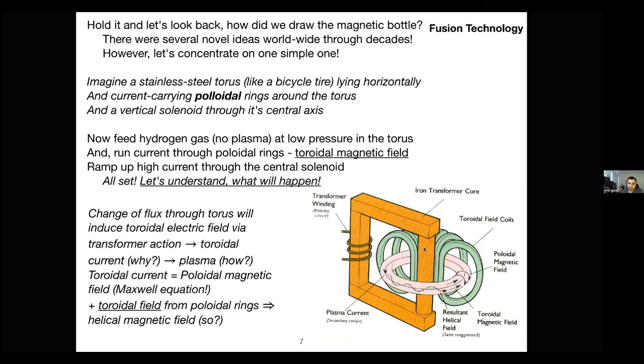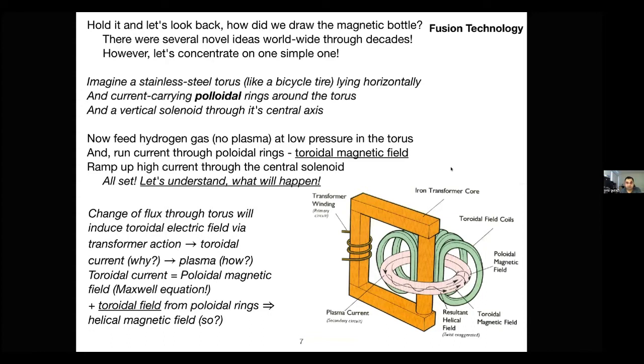People have modified it now. This is the very first, very old version. So this was the concept, and more or less, in the zeroth order, we are still running all the machines on this idea, except the stellarator. So this is the theory for the tokamak.